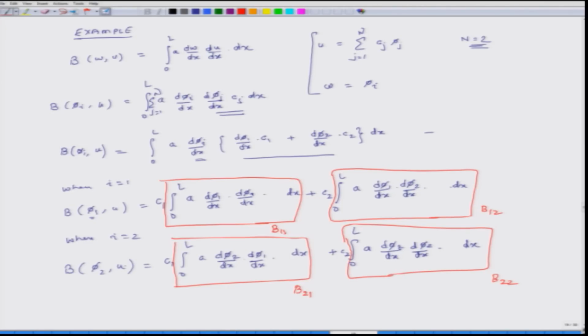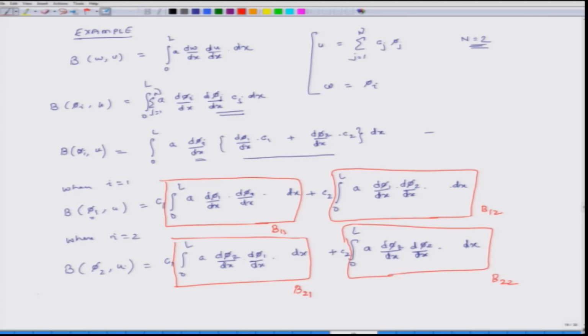Understood? So, this is how I calculate the values of B's. I know what kind of phi's I have, so I can integrate these and get the entire B matrix, which is in this case 2 by 2. If n was 3, then this B would have been 3 by 3, and so on and so forth.